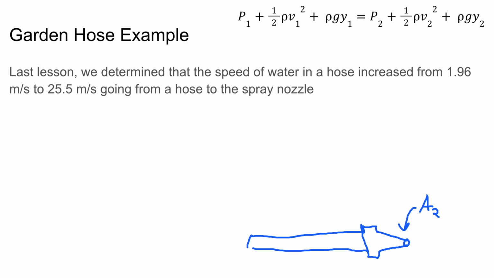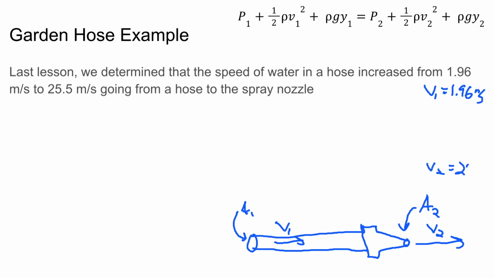We'll call the area of the hose A1, and we're going to have some velocity V1 as the water's moving through the hose, and then it's going to come out at some higher velocity V2. And we said that V1 is 1.96 meters per second, and V2 is 25.5 meters per second.